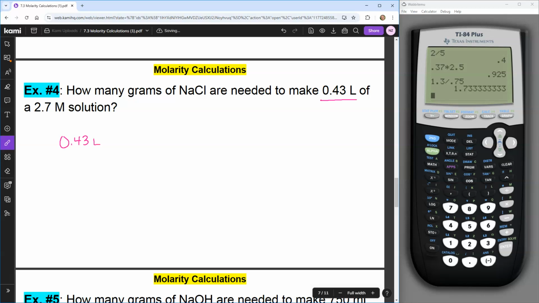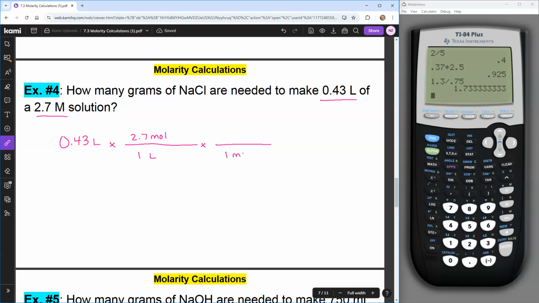And we want to turn this into grams. We don't have a way really to go from liters to grams, but we do know how to go from liters to moles using, you guessed it, our molarity equation. So if I set this up, I know that it's 2.7 molar, so that means in 1 liter I have 2.7 moles. And now I can go to grams.